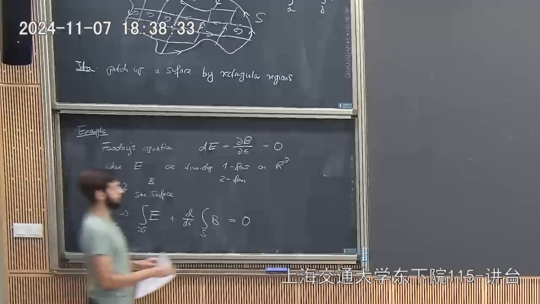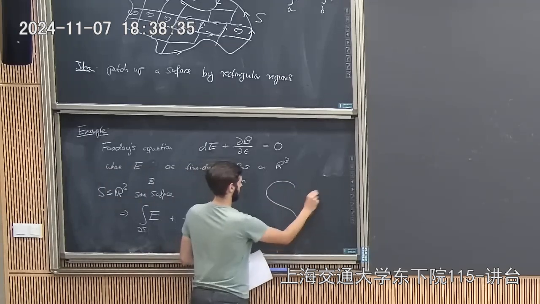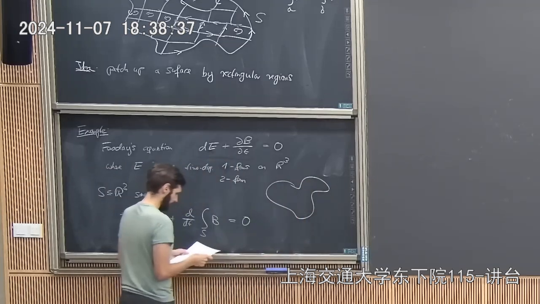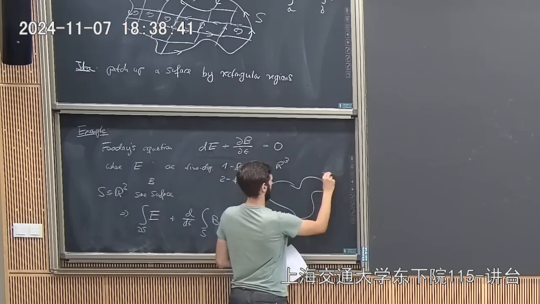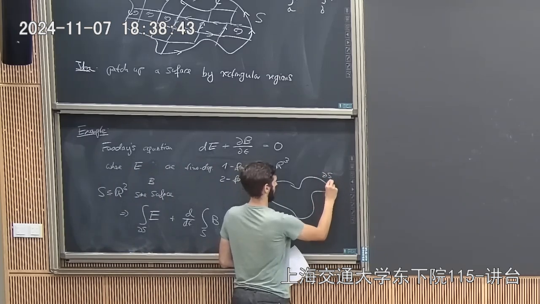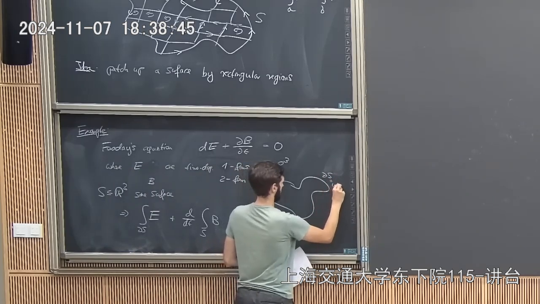So we have some surface, and then say the boundary of the surface you can think of as some wire.